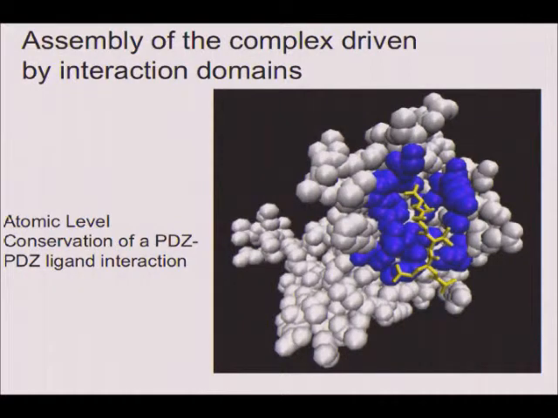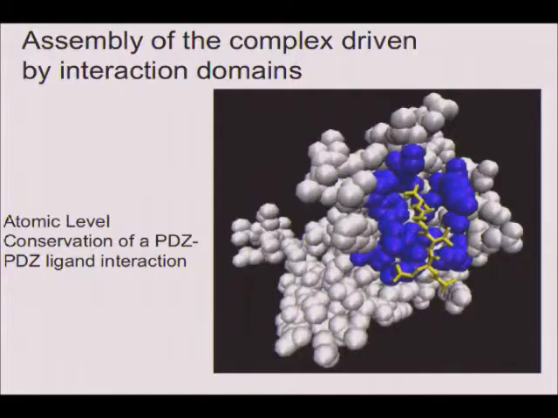The way we did that was to look at a PDZ binding relationship between one of the scaffolding proteins, called PSD95, which is made up of several PDZ domains, and inserting into that PDZ domain, in this crevice here, is another protein called CRIPT.